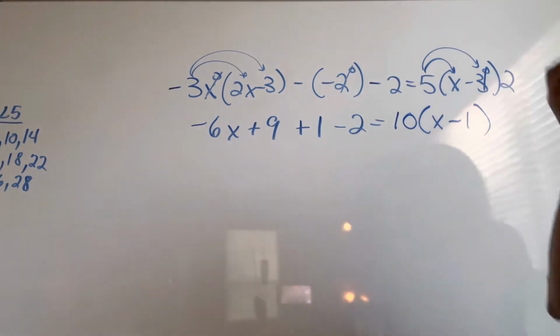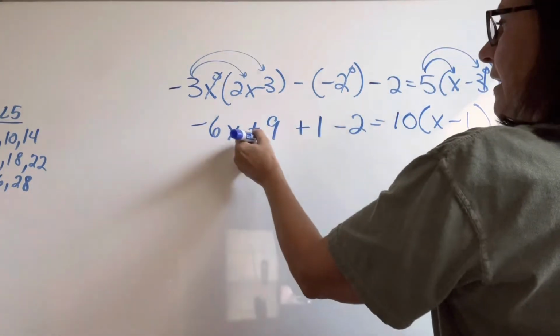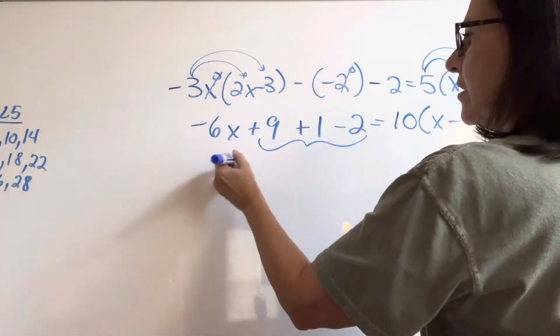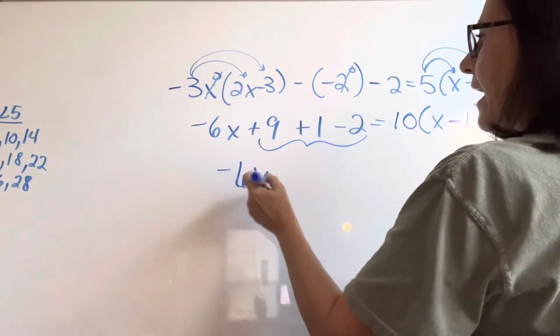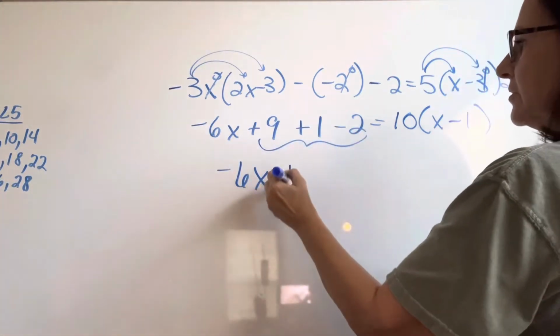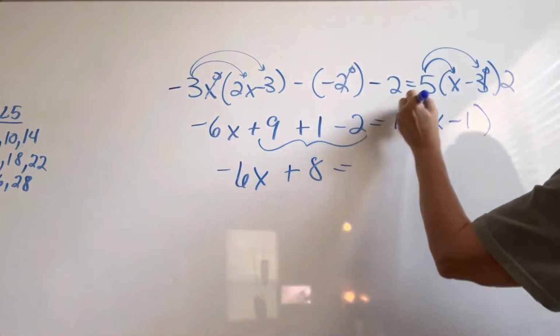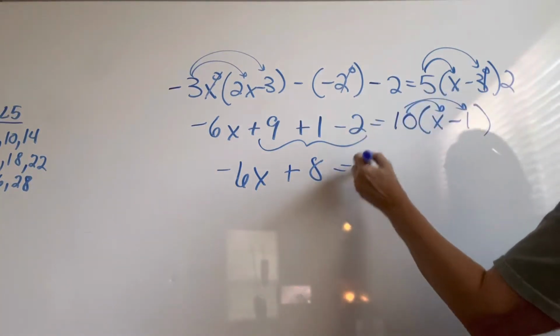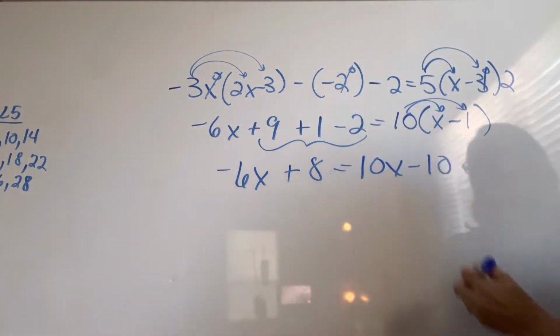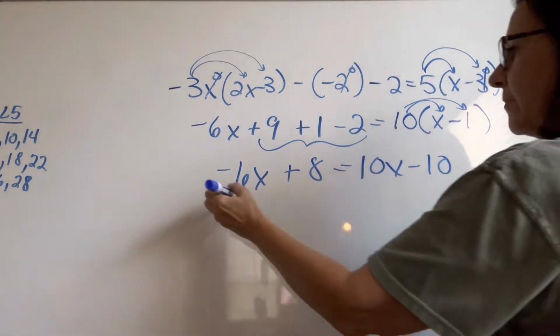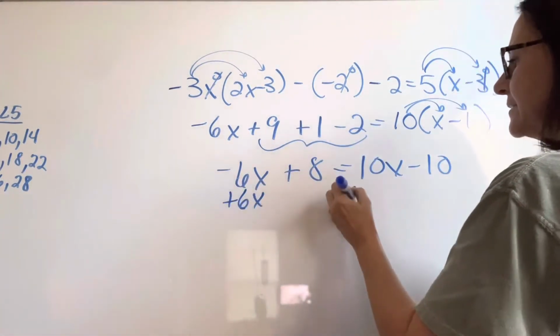All right. On the left-hand side, I'll combine my like terms. Negative 6x. That's 10 minus 2, which is 8. Now we'll distribute the 10. That's 10x minus 10. We'll move the x's to the right. So we'll add 6x.